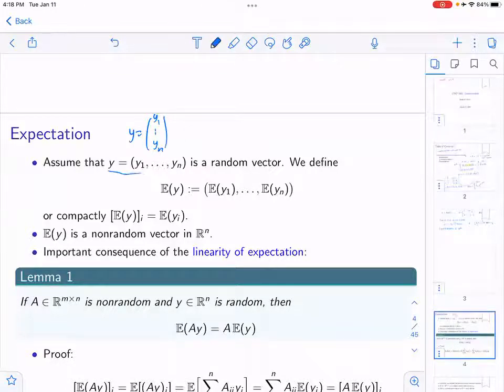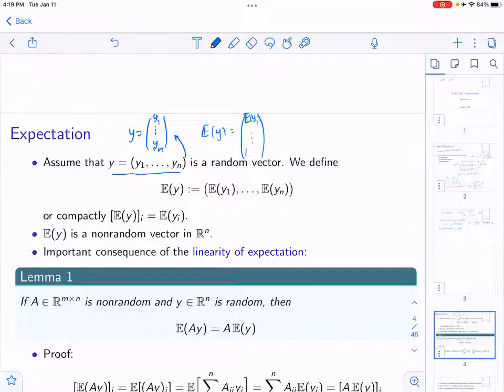So when I write something like this, I really mean something like this. Usually our vectors are column vectors, or they don't have an orientation, but it's easier to write it in this way to save space. So Y is a random vector. The expectation is just defined as a vector that contains the expectation of the coordinates.